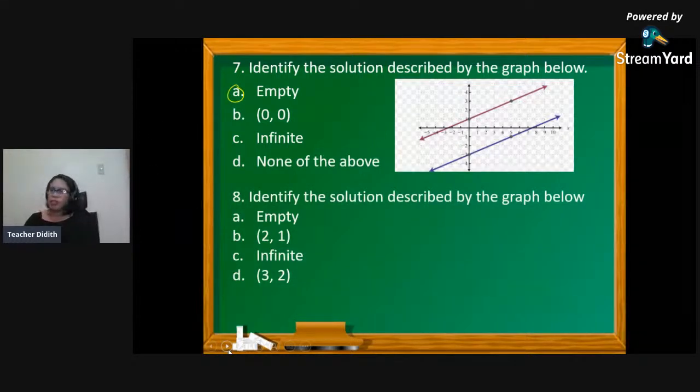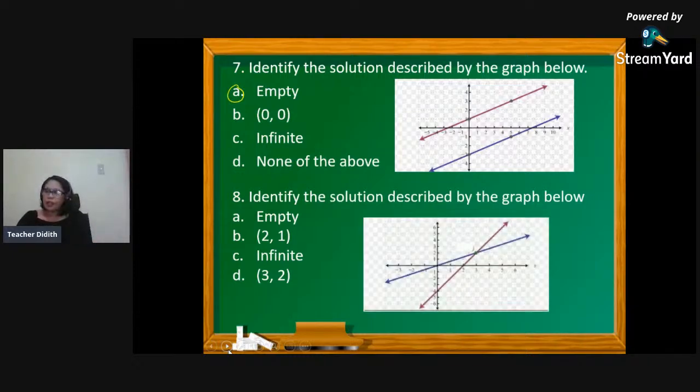Next. Identify the solution described by the graph below. This one. Begin to type your answer for number 8, guys.